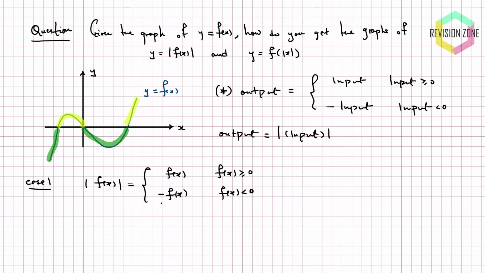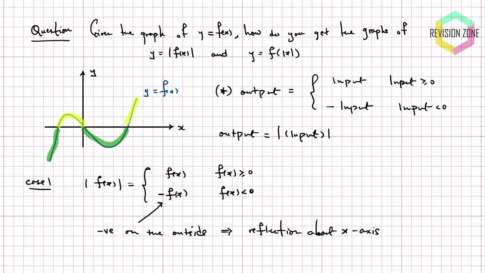And what happens when we put a negative in front, right? We know a negative on the outside tells us that it's a reflection about the x-axis.